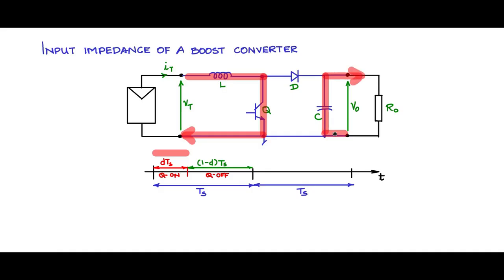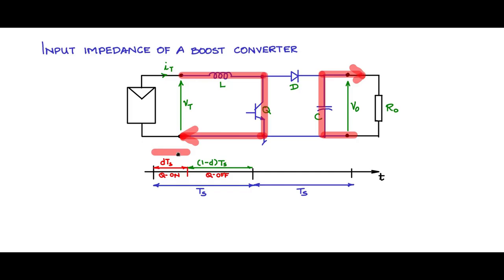The diode is off because this is at V0 potential, and since Q is on, this is at ground potential of the circuit. So the diode is reverse biased, diode is off. So you have two separate circuits. One, the PV charging up the inductor like this. The other, the capacitor C discharging to the load in this fashion.